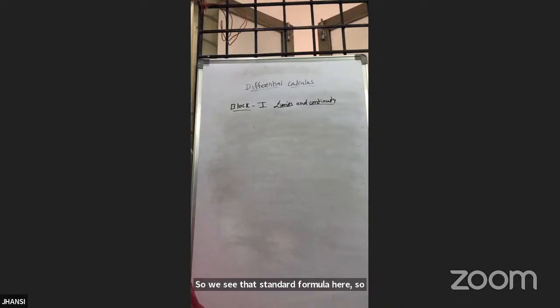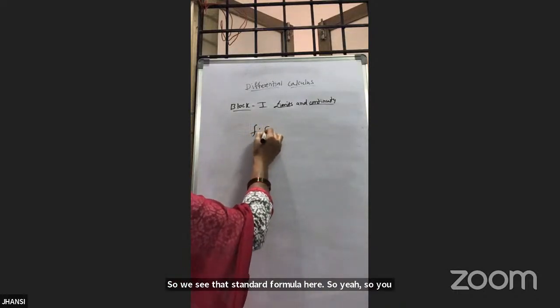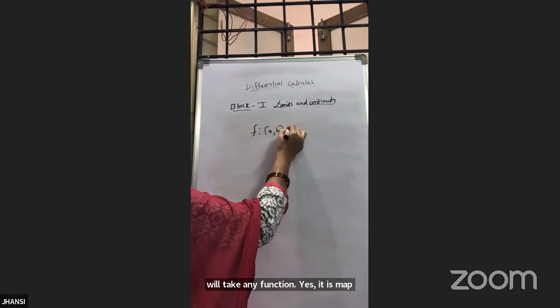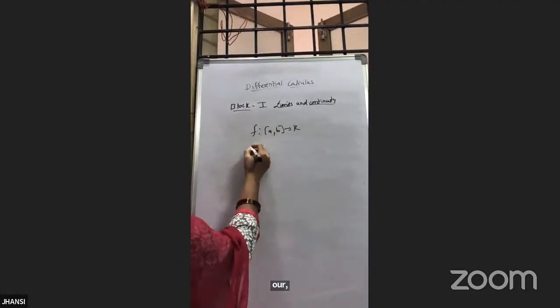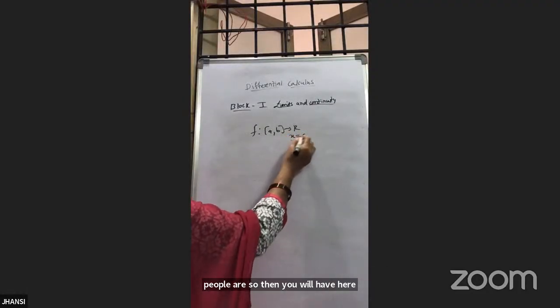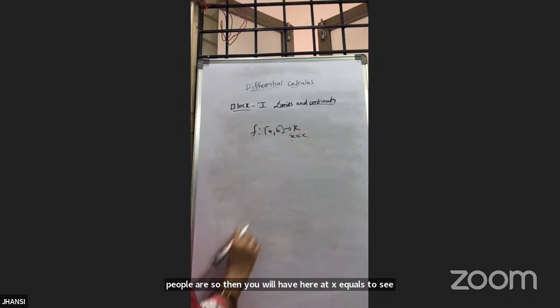So here also, if we take any function f, mapping from [a, b] to R, then at x equals c, in place of x we are substituting the c value.